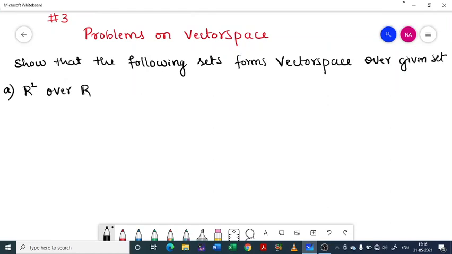So this class we are going to discuss problems on vector spaces. Here I will consider a set V and a field R. Generally we will take R, the set of real numbers, and then we will try to prove V is a vector space over R. That means we have to verify all the 9 conditions that we listed in the definition of vector space.